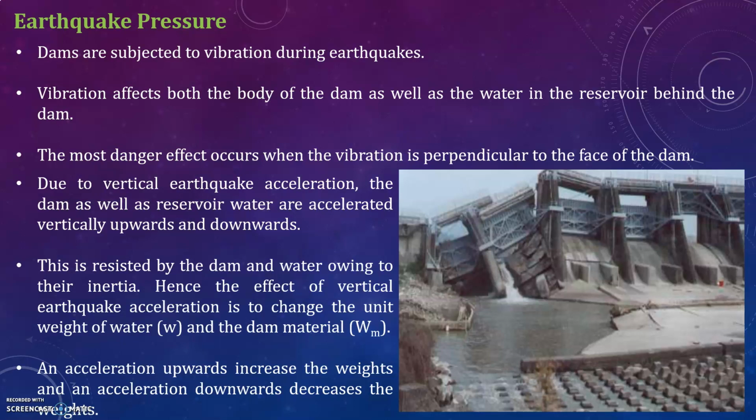The earthquake acceleration is usually designated as a fraction of the acceleration due to gravity and is expressed as alpha into g, where alpha is known as seismic coefficient. And there are many design criteria for this seismic coefficient for the different zones, like seismic coefficient method, response spectrum method, etc.